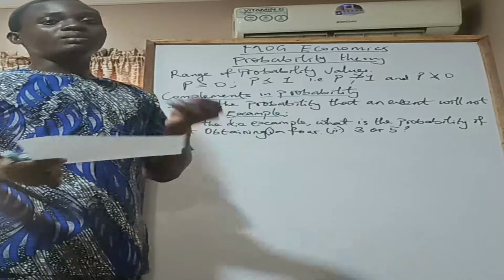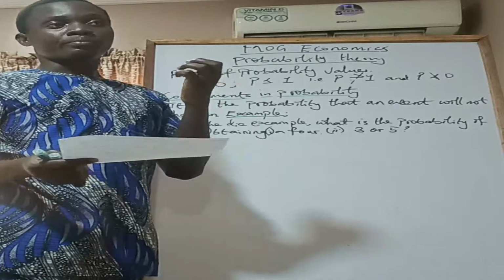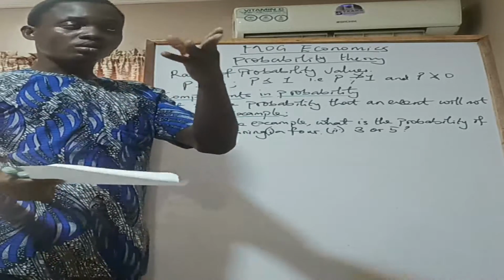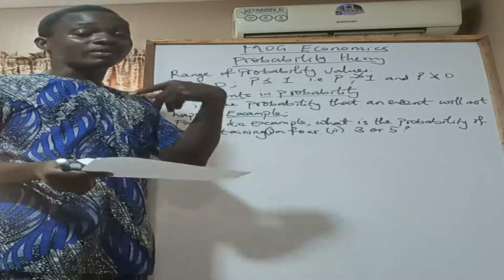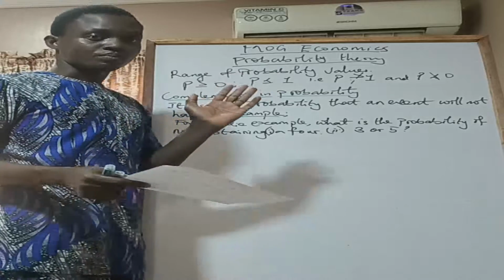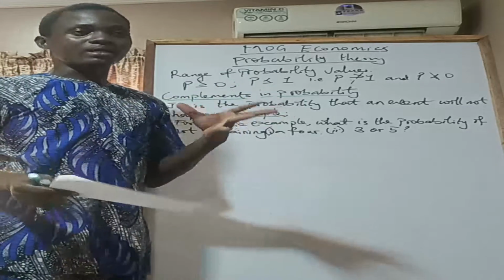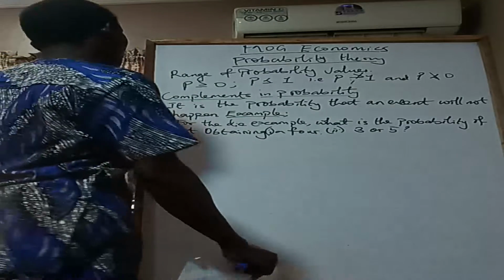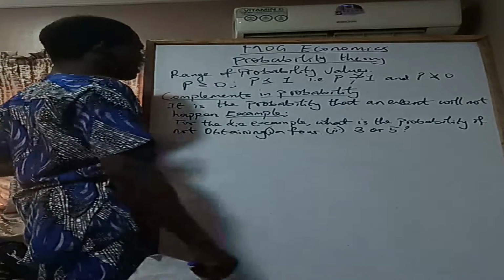The probability of an event happening will not give you a number more than 1 or less than 0. You are never going to get a negative number, and you won't get a number more than 1. Have that at the back of your mind as one of the basic principles of probability.